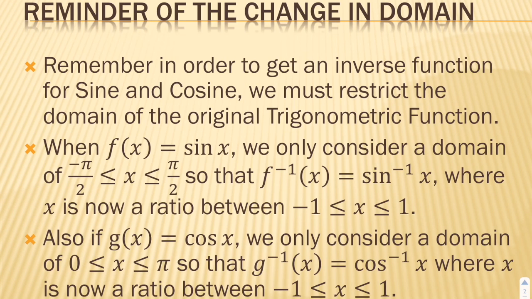Also, if g of x is equal to the cosine of x, we can only consider a domain of 0 to pi, so that the inverse of g of x is equal to the inverse of cosine of x, where x is now a ratio between negative 1 and 1.